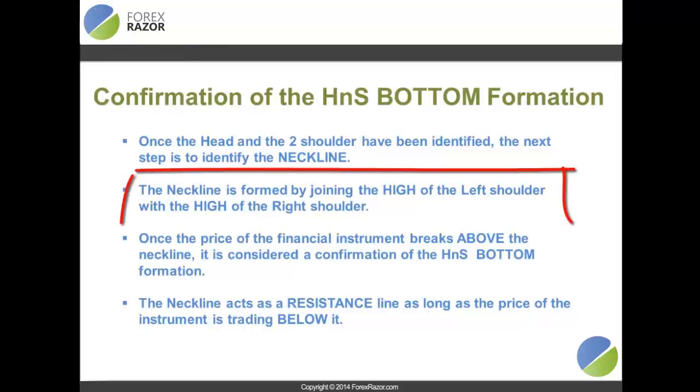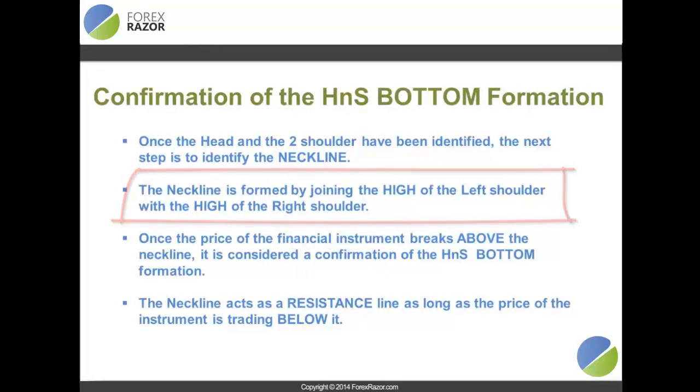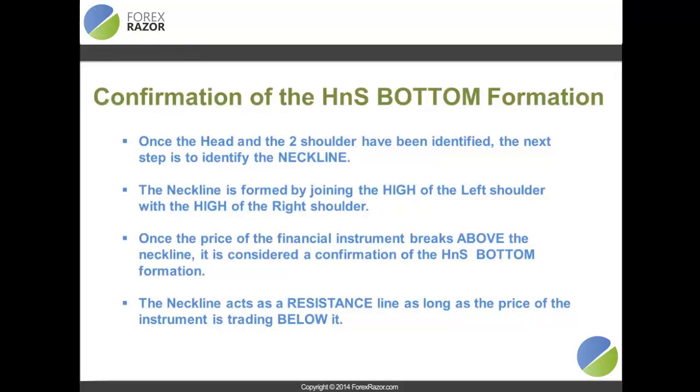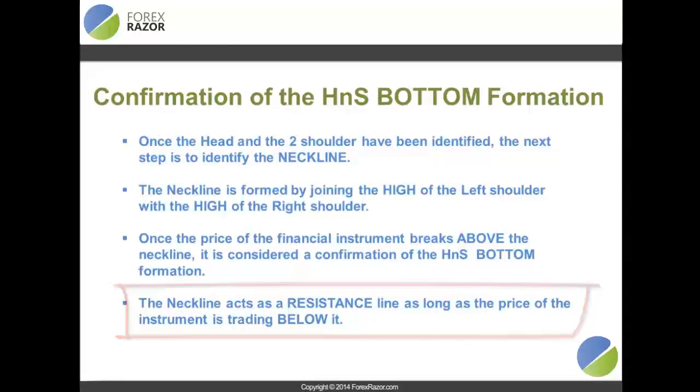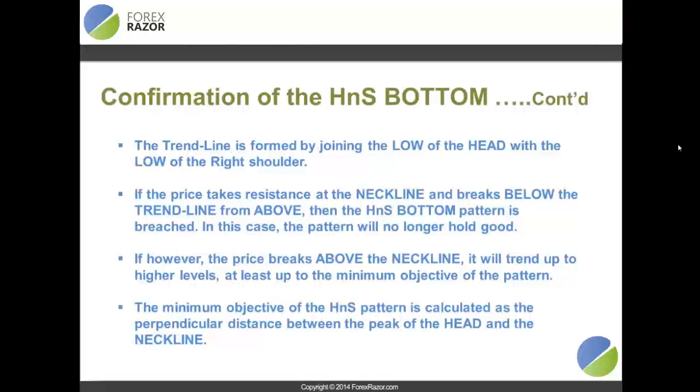So as we just observed on the trading platform, in the case of the head and shoulder bottom, the neckline is formed by joining the high of the left shoulder with the high of the right shoulder. Once the price breaks above the neckline, it is considered as a confirmation of the head and shoulder bottom. The neckline acts as a resistance line as long as the price of the instrument is trading below it. The trend line is formed by joining the low of the head with the low of the right shoulder.